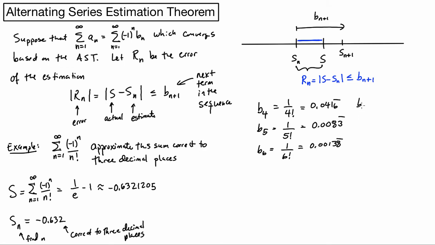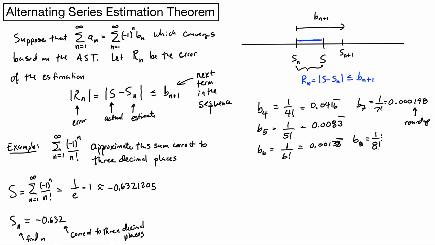Still not good enough. b7, 1 over 7 factorial. This one is getting really close. Notice that if you had a round-up situation, you could round up and affect the 3rd decimal place. So I'm going to go one more to b8.